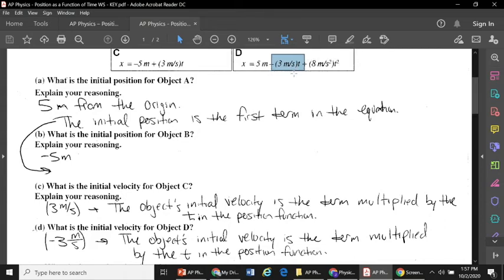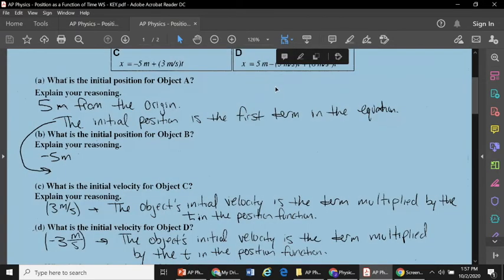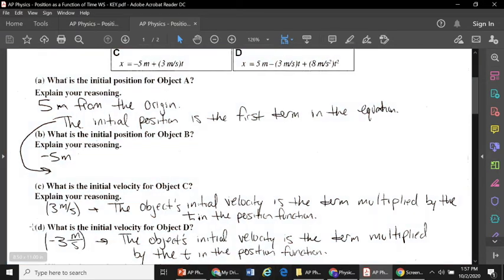And so the fact that the template says plus v naught t, but this term has a minus sign in front of it, that means the initial velocity is actually -3, right? Because that term v naught times t is negative, and it's not going to be negative because the time is negative, right? Because that makes no sense. So it's only negative because the initial velocity is negative. And that's it, A through D, pretty simple.